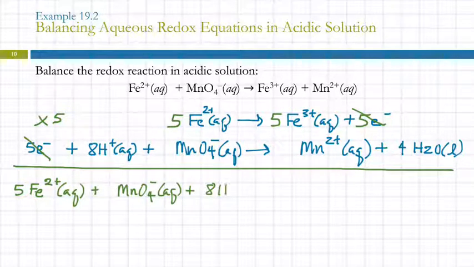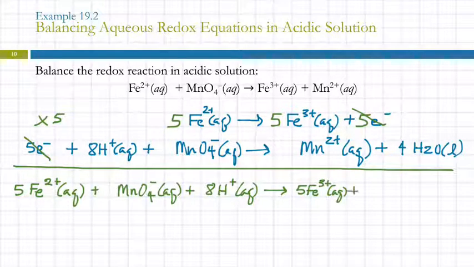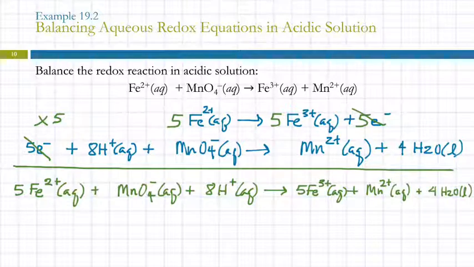Again, the order is not important. And then I've got 5 Fe3+ ions. And 1 Mn2+ ion. And 4 water molecules. And if you go through and check that, it's balanced with respect to mass and charge.